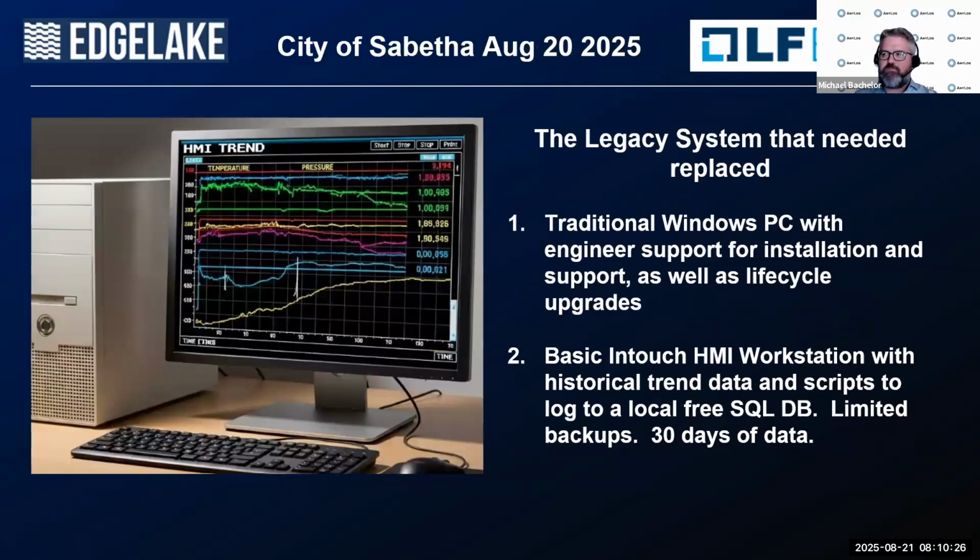The legacy system was really simple. There was nothing there besides the Fairbanks Morse generators in the power plant to begin with, and they had real-time trends. They just wanted to be able to look at a little bit of history. That was it. So we have the traditional PC install model that we were following. That's the way you did it.